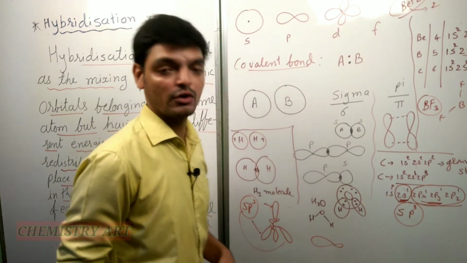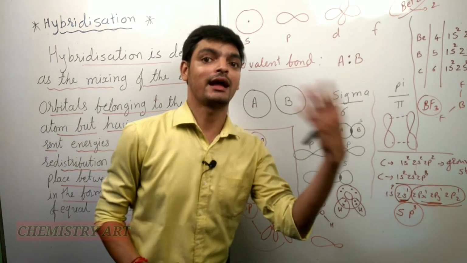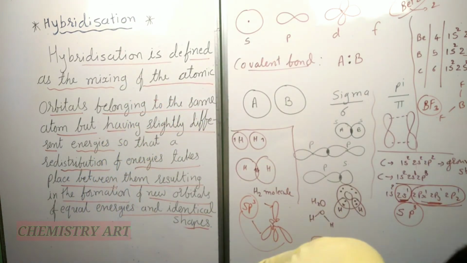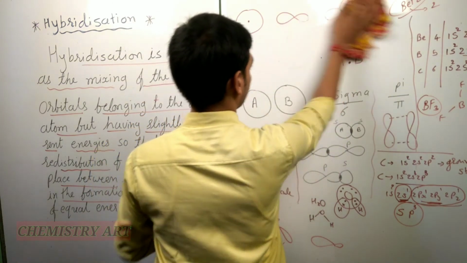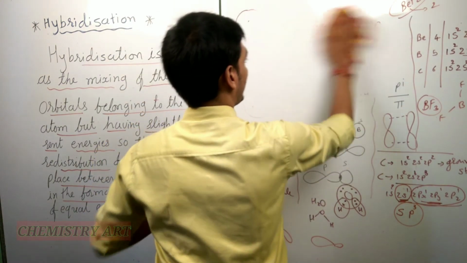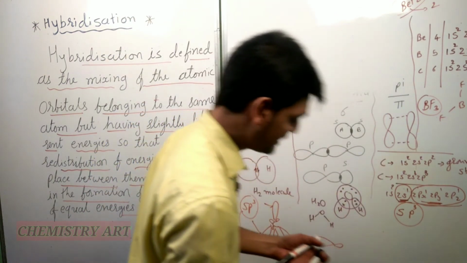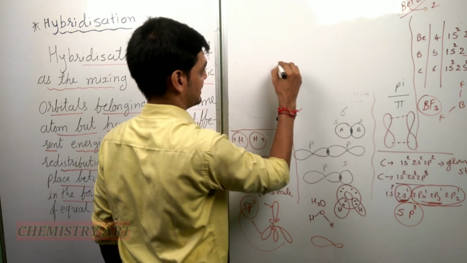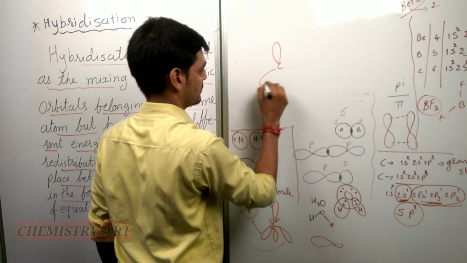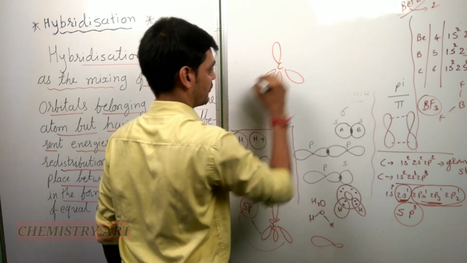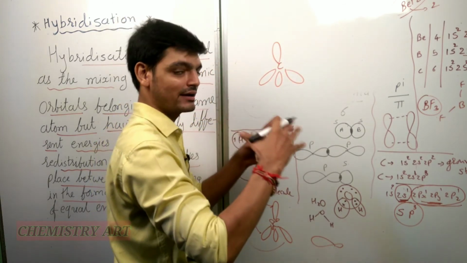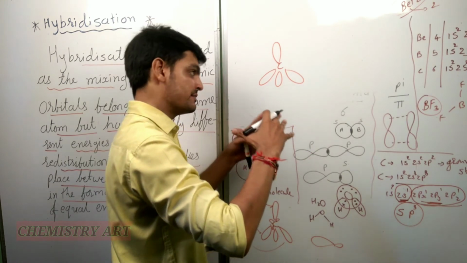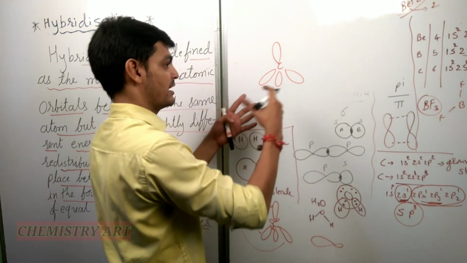Now if carbon wants to form a bond with another element, like if carbon is forming CH4, the sp3 hybridized orbitals of carbon, 1, 2, 3, 4, have a tetrahedral shape. In VSEPR theory, you can understand why and how.